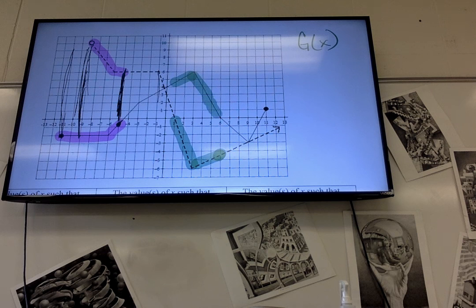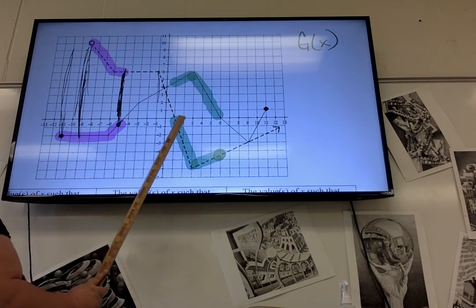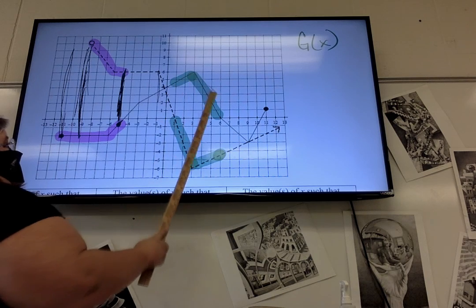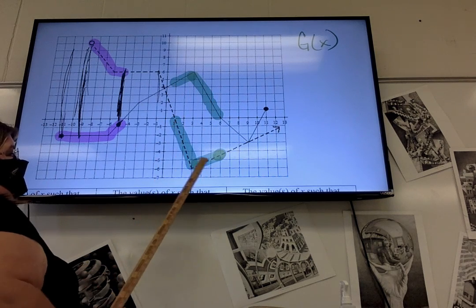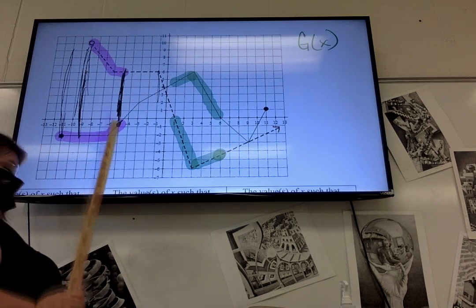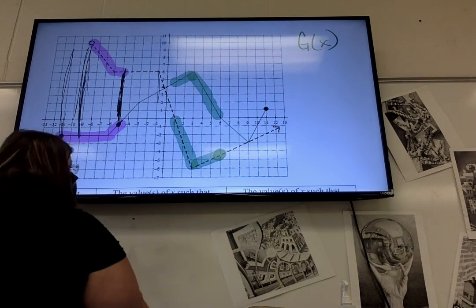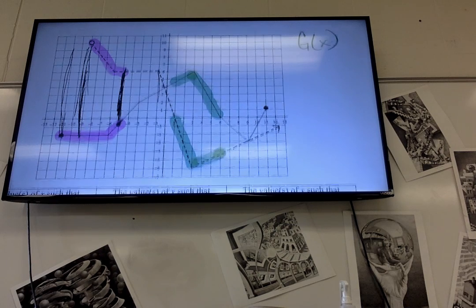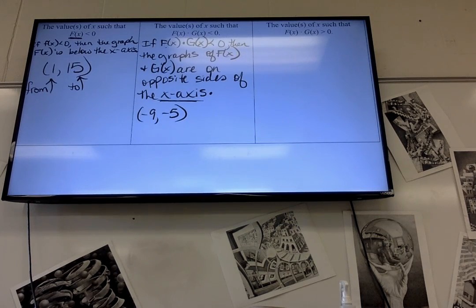And it's above right there. From 1 to 6. Because 1 for this one is down here. This one's up here. All of this is above. All of this is below. So union 1 to 6.